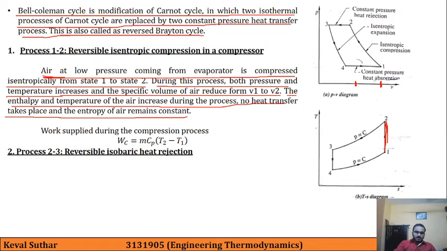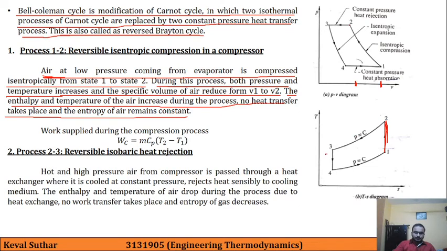The next is process 2 to 3, where reversible isobaric heat rejection is happening. So we will be discussing point 2 to 3. Here hot and high pressure air from the compressor is passed through the heat exchanger, where it is cooled at constant pressure.